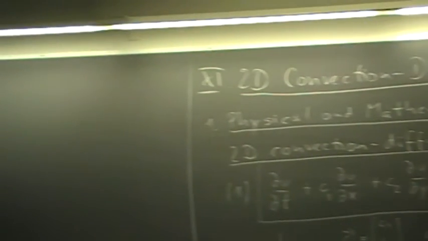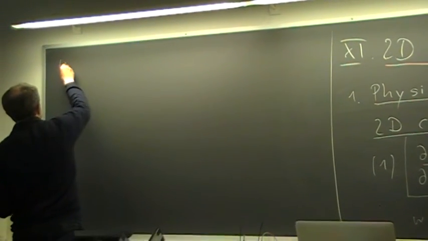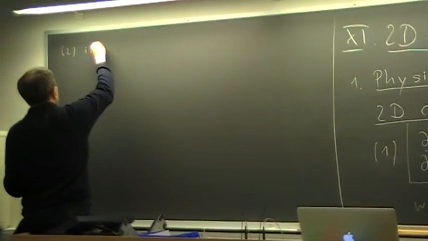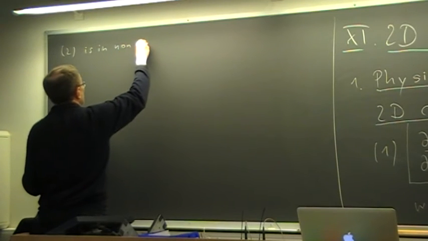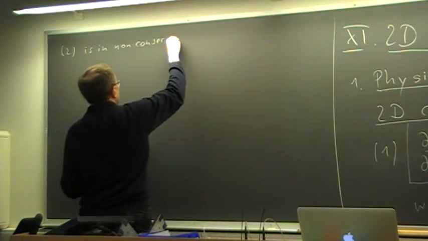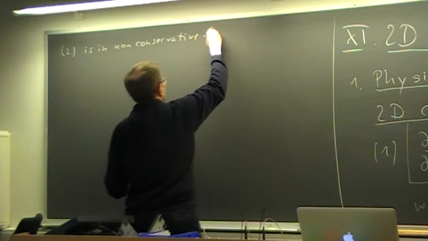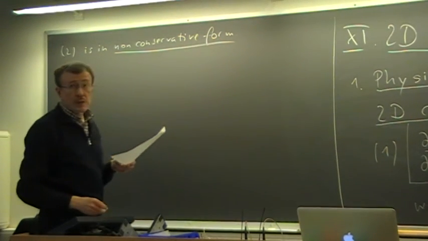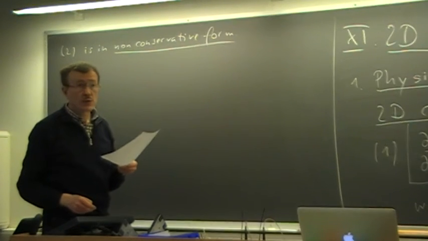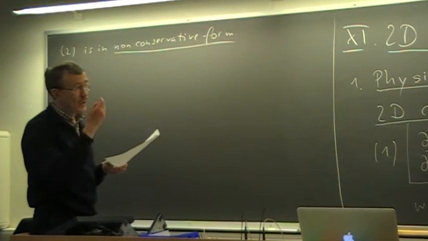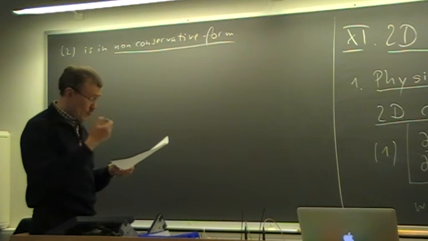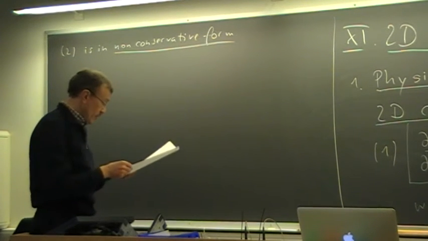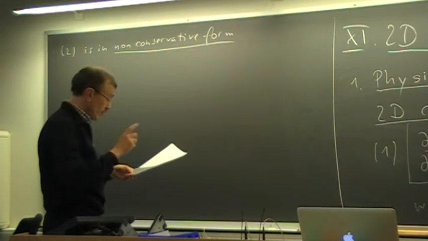So we can just note that this form that we have here is a non-conservative form. For the discretization, it is usually advantageous to use the conservative form to have the conservation properties also when we do the discretization. Mathematically, they are completely equivalent.